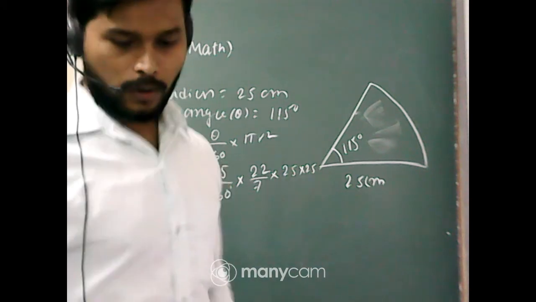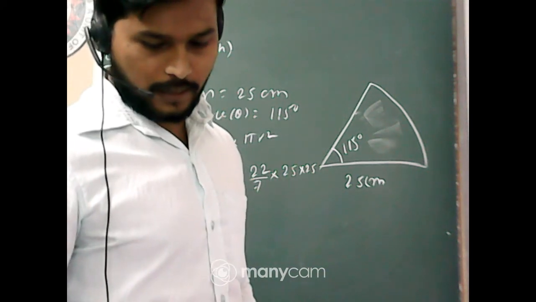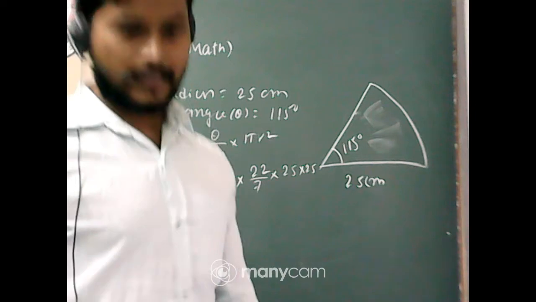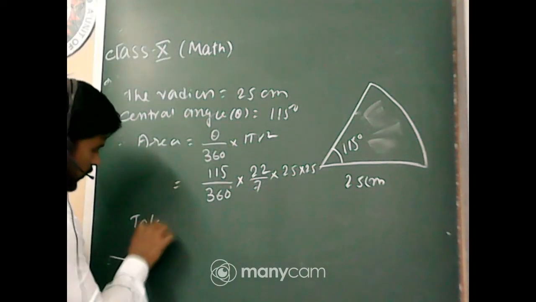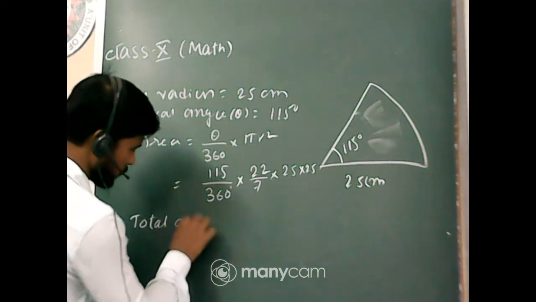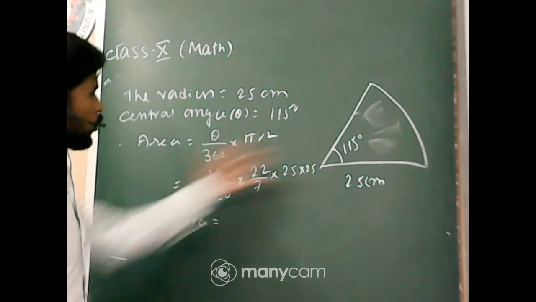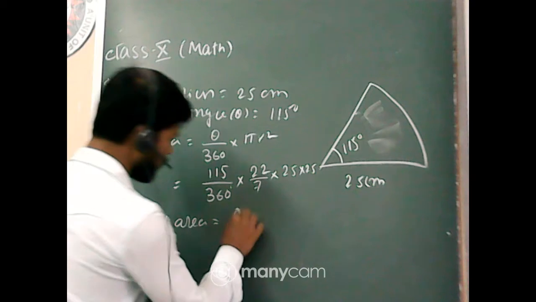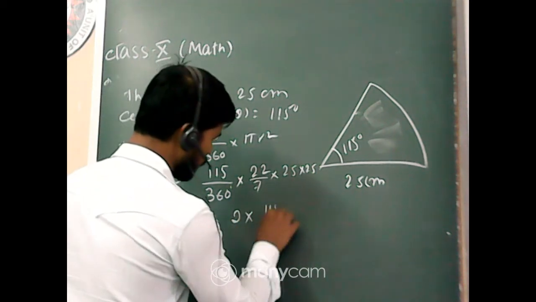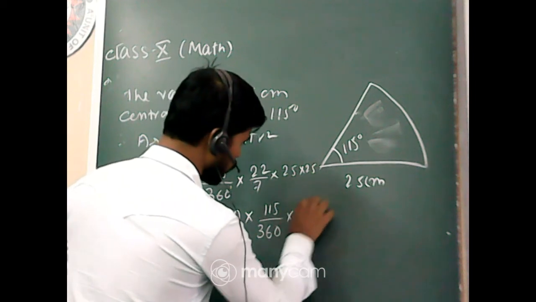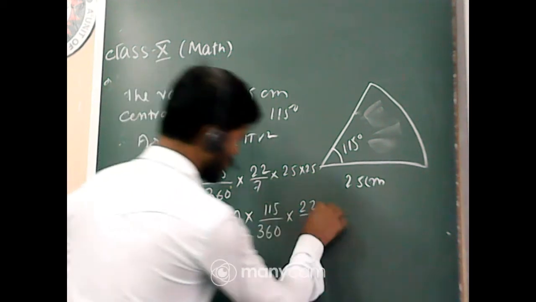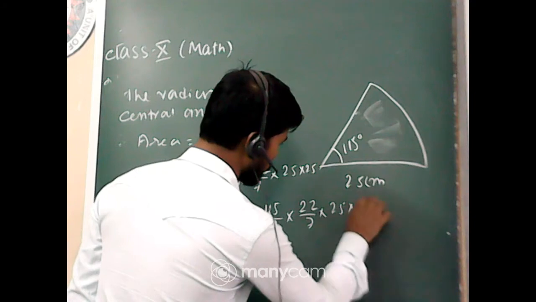But there are two of this type of blade given. So to find the total area it can clean, it will be 2 times that. So it will be 2 into 115 by 360 into 22 by 7 into 25 into 25.